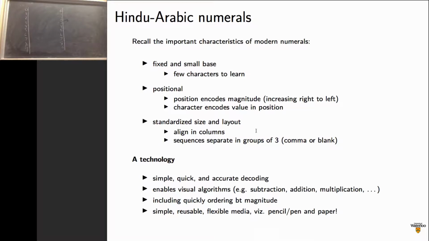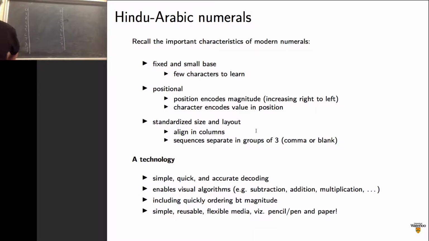The fixed small base: you only have very few numerals to memorize, shapes to learn. And they have positional information, so we have the largest values in the leftmost column, the next largest next to that, et cetera, moving to the smallest values on the right. And they line up in columns and, in fact, rows, because these things are standardized height and width pretty much.